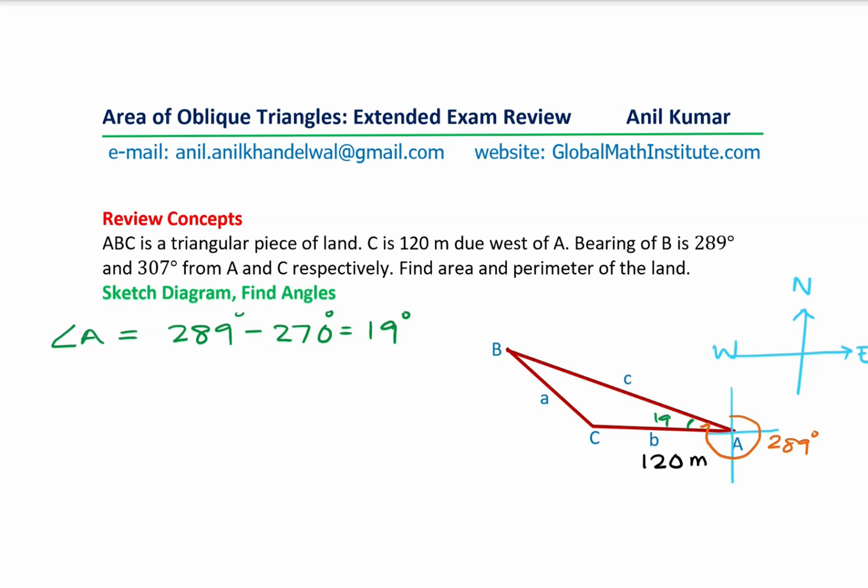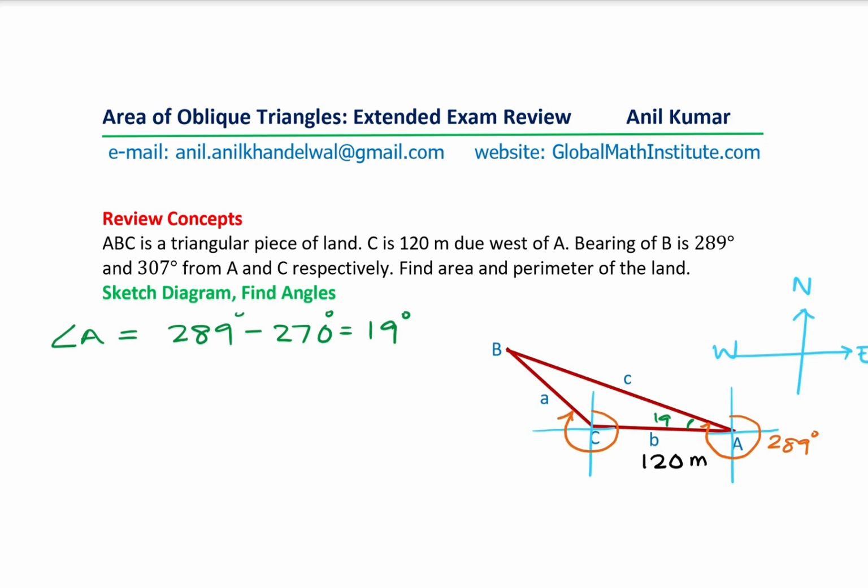Now, let us find the angle at C. So here, what I'm going to do is, we'll again sketch north, south, east, west. And once again, we'll try to calculate the angle in the similar fashion, moving from north to this particular line, BC.